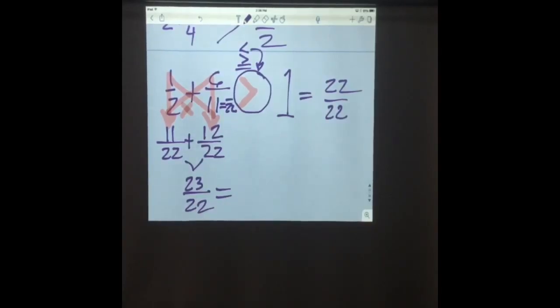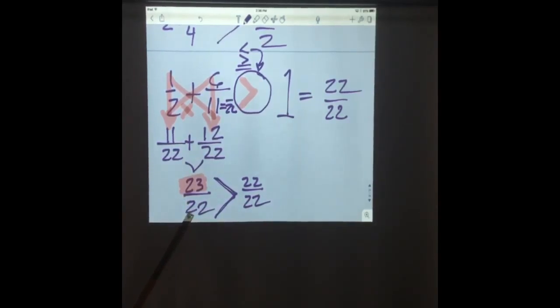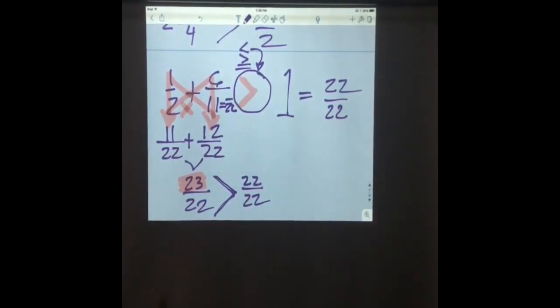So is 23 over 22 equal to 22 over 22? You're saying, no, it's not equal. Which one's bigger? The 23 is bigger, huh? So I'm going to say that 23 over 22 is larger than 22 over 22, or this would be 1 and 1/22. There's 1 whole in there, right?